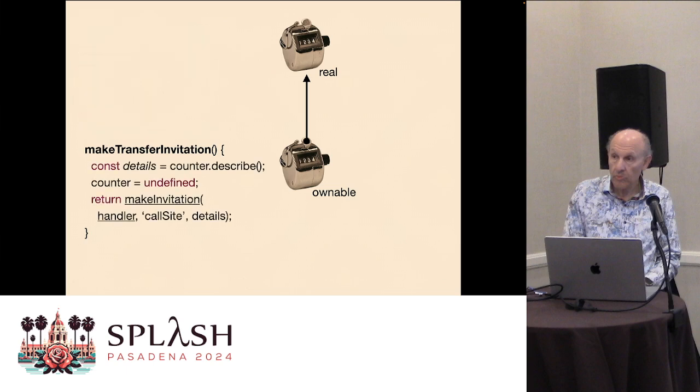The ownable counter is the thing that's given out as the object capability that others can use. And since it's given out, they can invoke make transfer invitation. And when they do, make transfer invitation first sets counter to undefined, severing the access from the ownable counter to the original counter, rendering the ownable counter at this point useless.